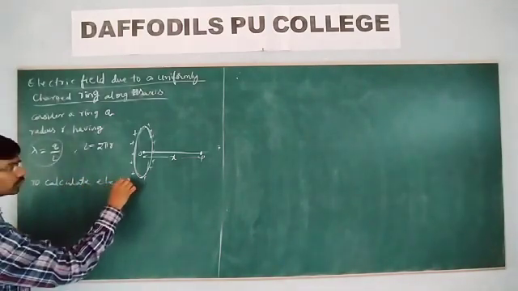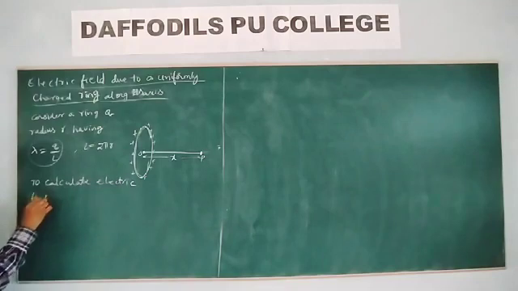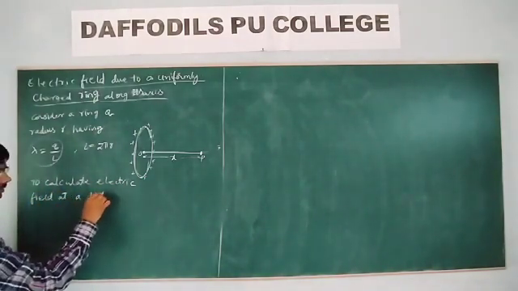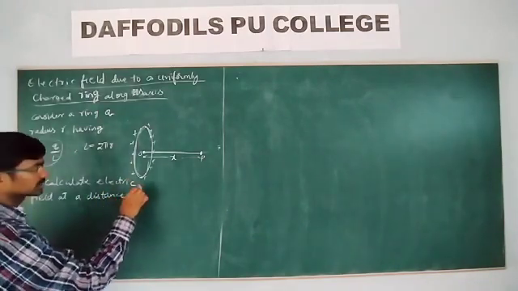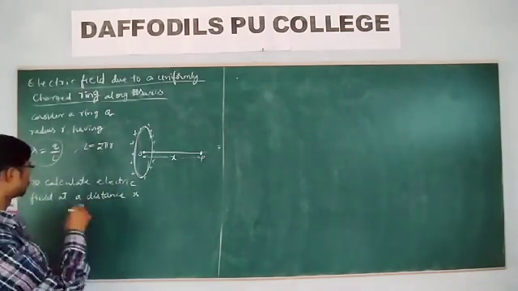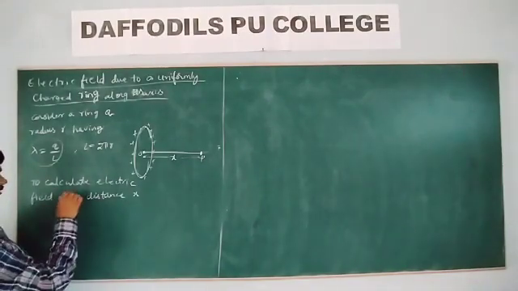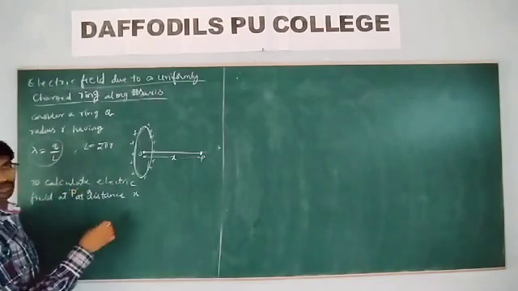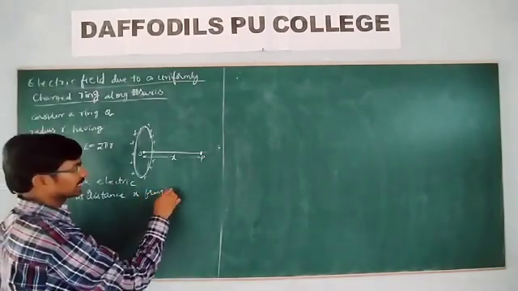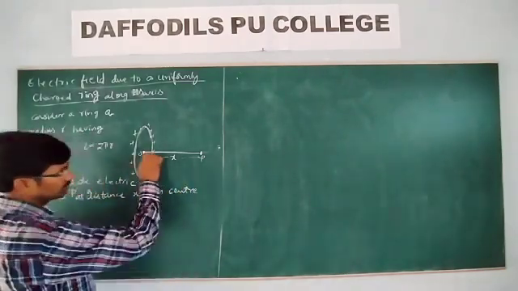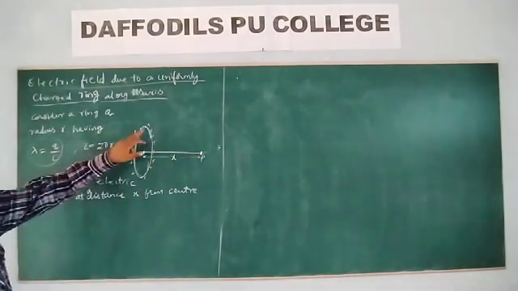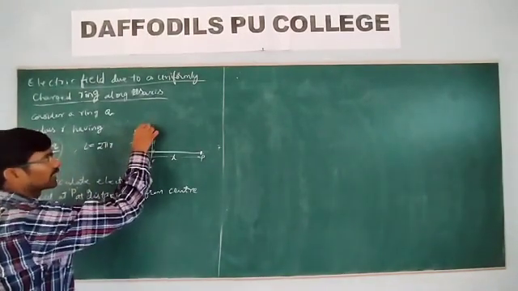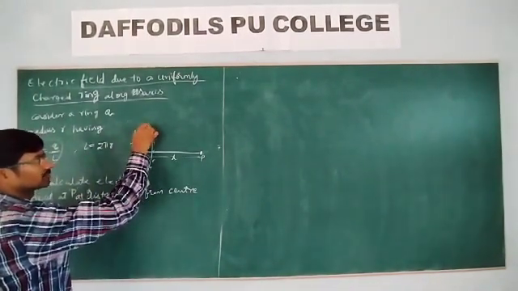Now to calculate the electric field at point P, which is at a distance x from the center of the ring, we consider a dl length of the ring.